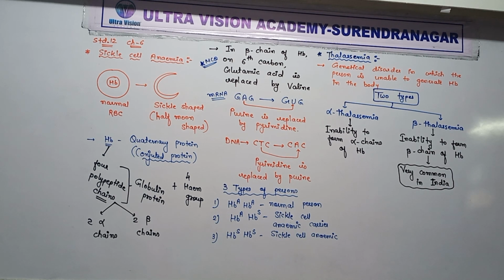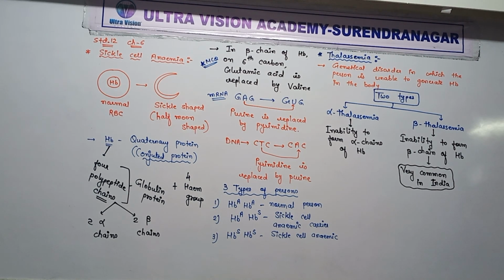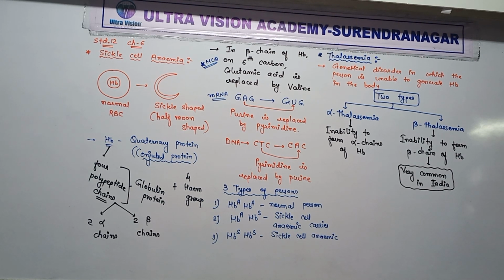But see, underline that in your textbook. Alpha thalassemia, first is beta thalassemia. Two closely linked genes. In alpha thalassemia, HbA1 and HbA2 are on chromosome number 16 of each parent.